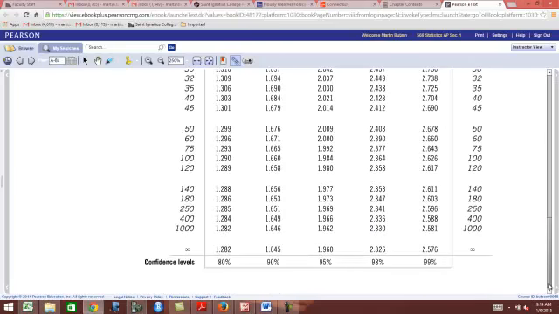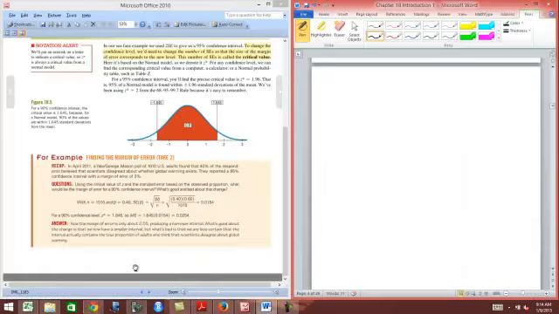Z star for 90%, 1.645. So we're going to take the margin of error equals z star times the standard error, 1.645 times 0.0154, 0.0254.